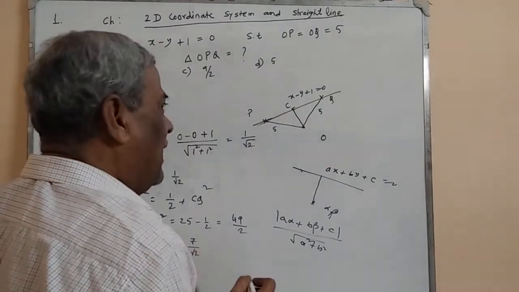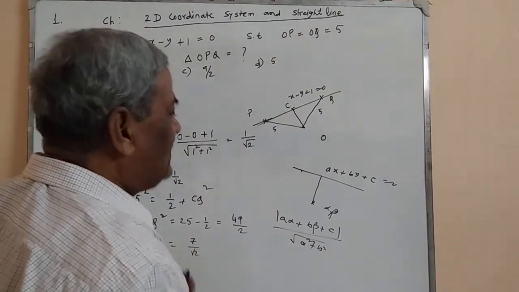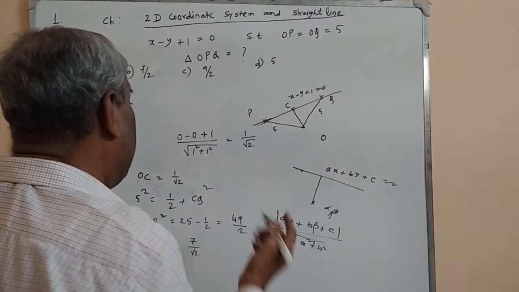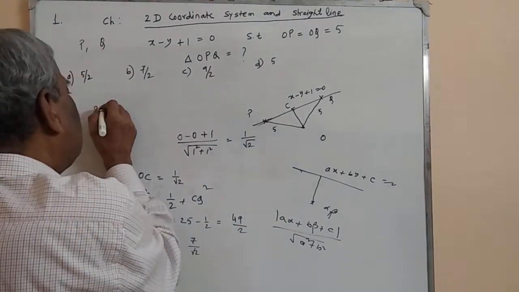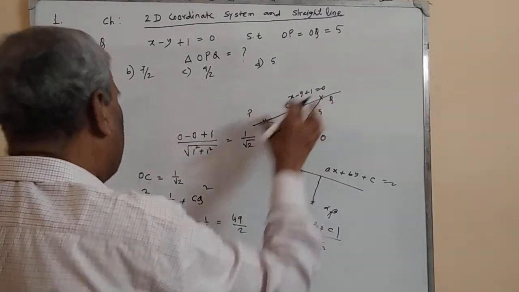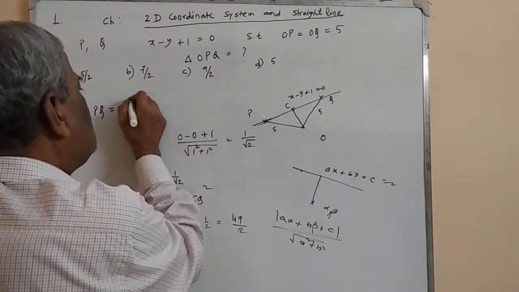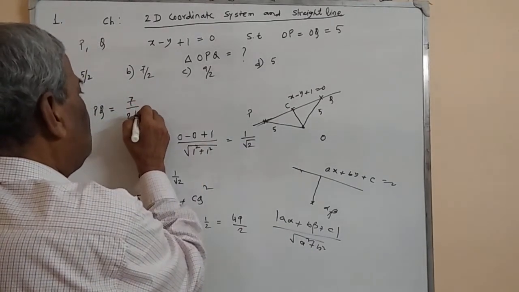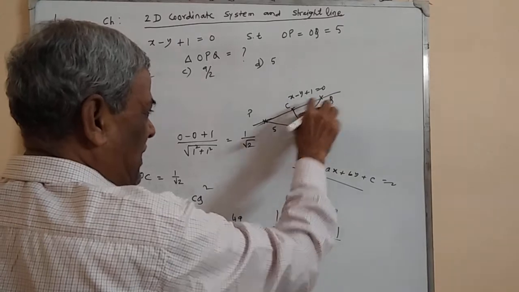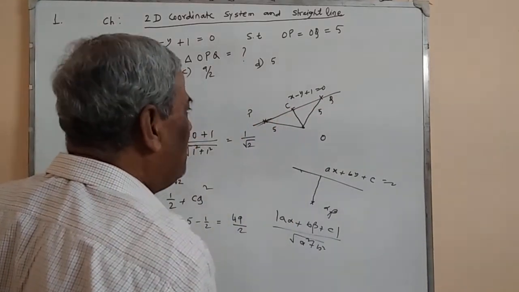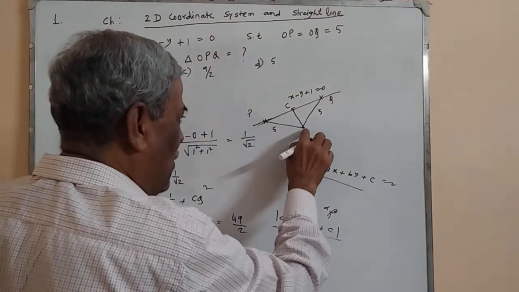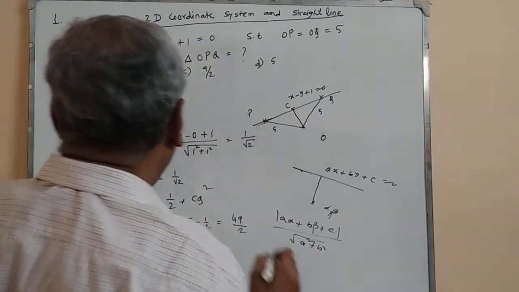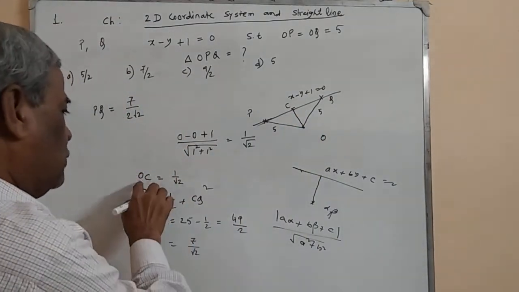After that, in many ways we can calculate. PQ is just double of it. It is 7 by root 2 times 2. This is a right angle triangle. PQ is the base and the altitude is OC, 1 by root 2.